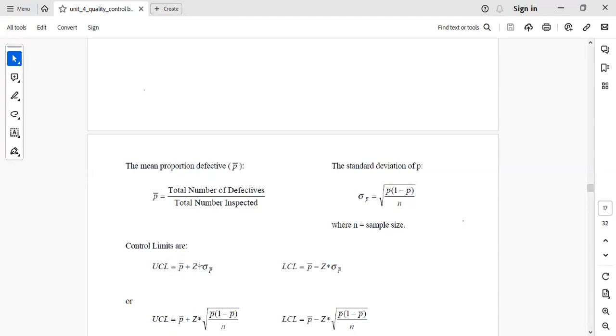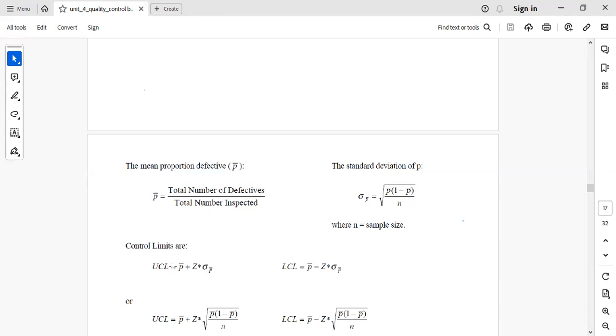Then that is added to Z, I'll be telling you what Z is, times whatever standard deviation you have gotten here. Now, in the test of hypothesis, we refer to this as the standard error, meaning just the standard deviation, the deviation from what is intended or what is required.